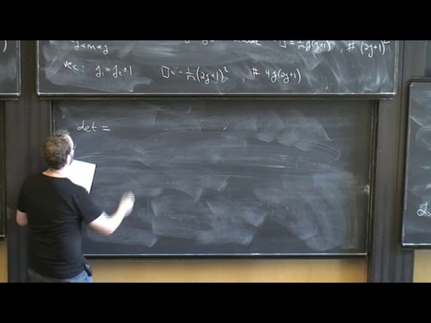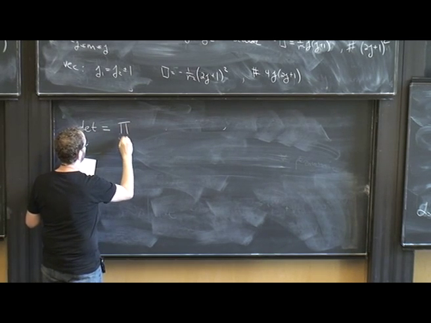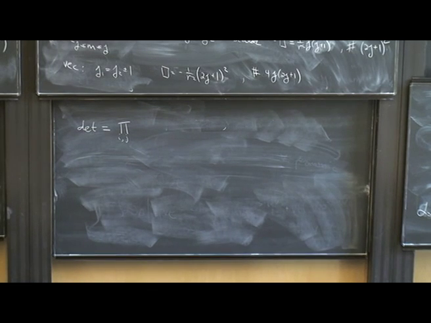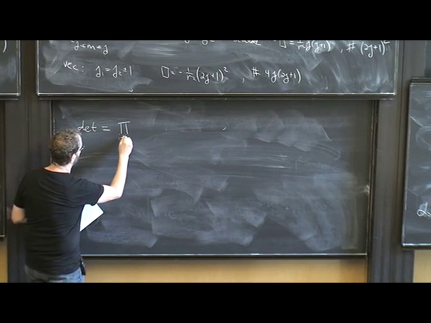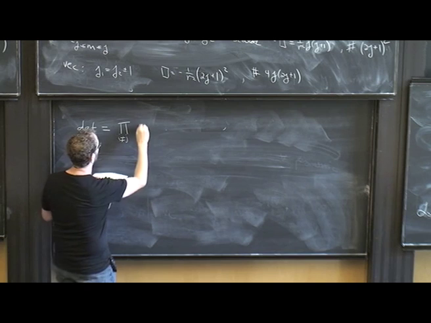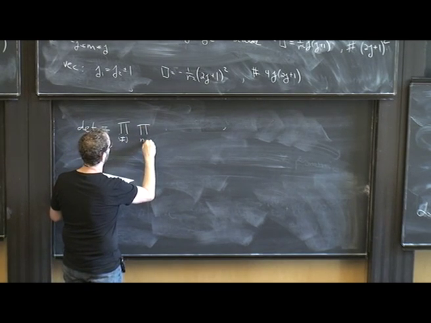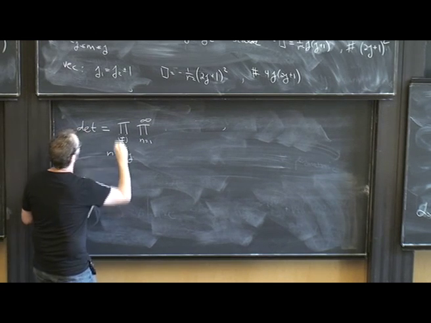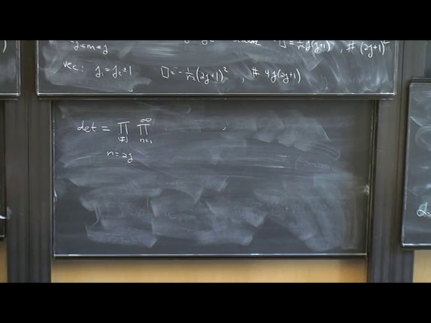Is equal to the product over i and j. So now I'm introducing this i and j again, i different from j. I have the product n equals 1 to infinity, where n is equal to 2j in this notation, because j can be half integer.